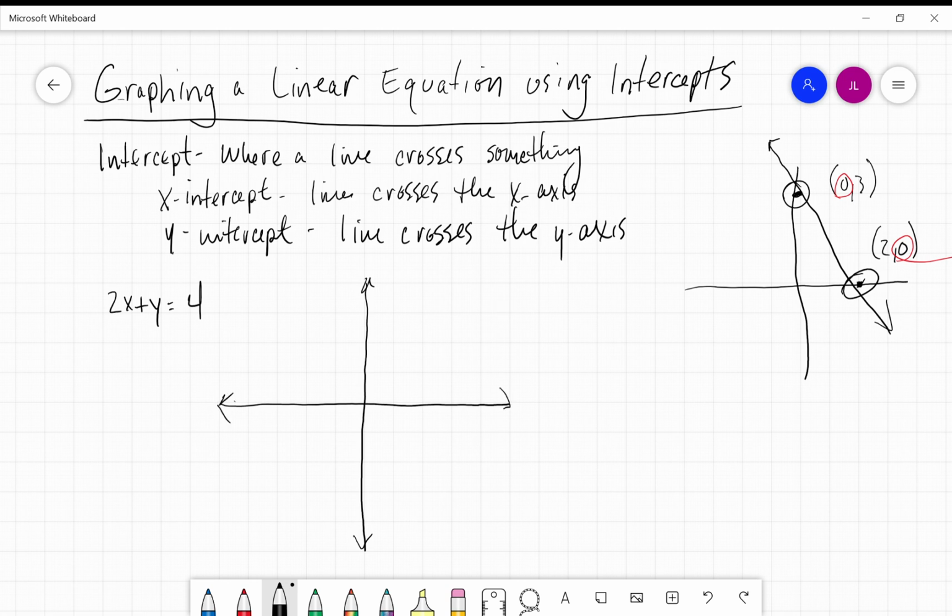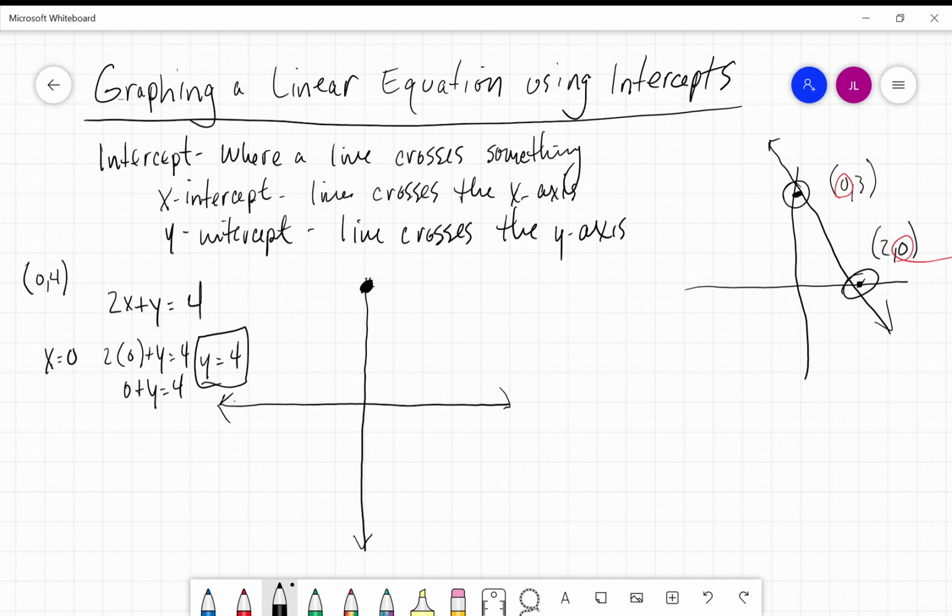For the y-intercept, the x value is 0. So what happens when x is 0 in this equation? We'd have 2 times 0 plus y equals 4, so 0 plus y equals 4. y is equal to 4. So when x is 0, y is 4, we have 1 point, (0, 4). This would be our y-intercept, 1, 2, 3, so it would be right here.